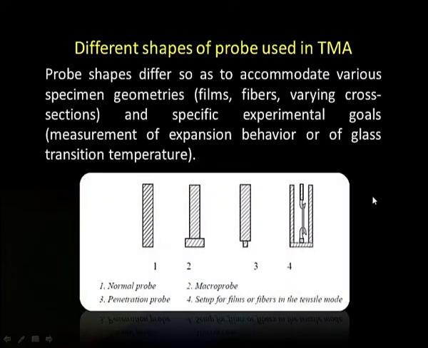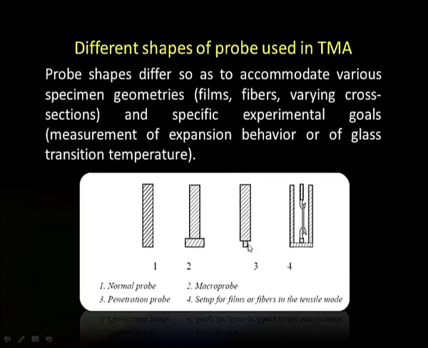Here you can see the first one is a normal probe, from the bottom you can see it is flat. Second, this is a macro probe where we can see that at the bottom it is slightly bigger in comparison to the flat probe.